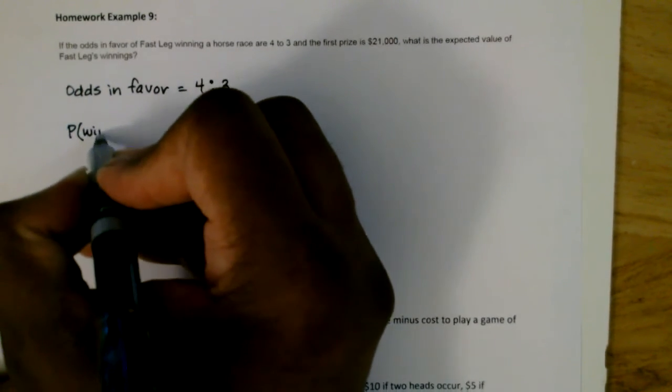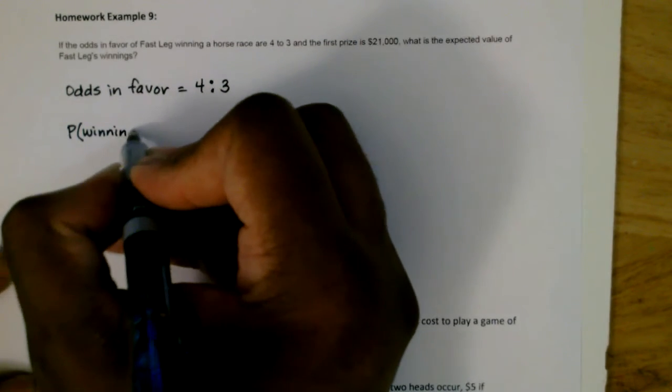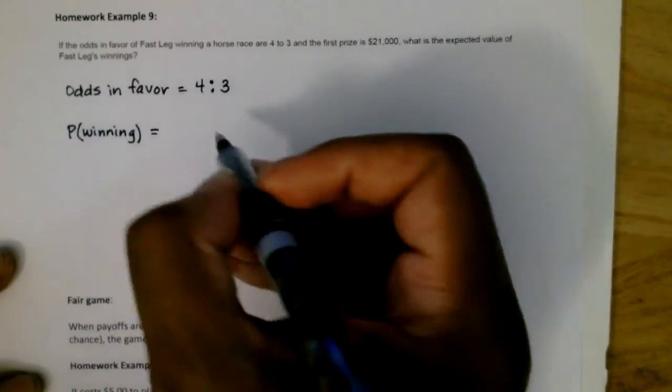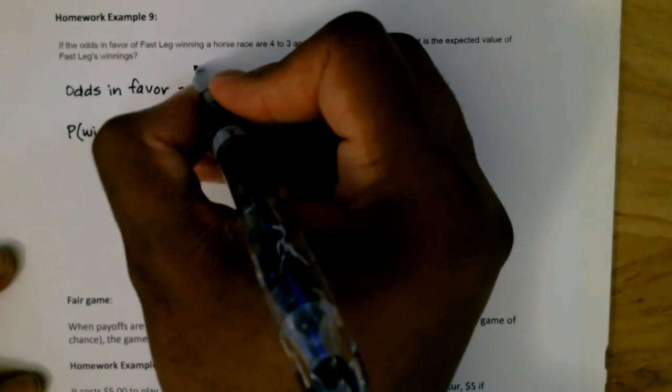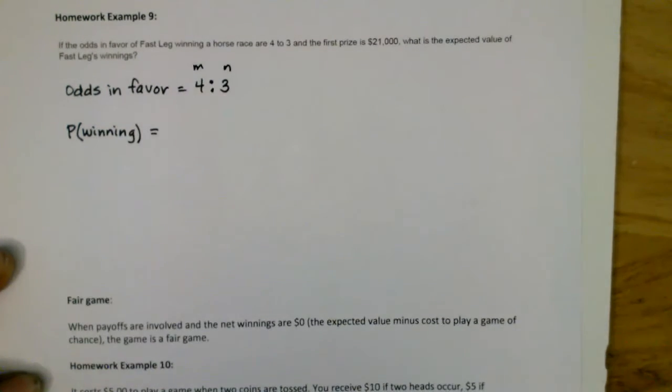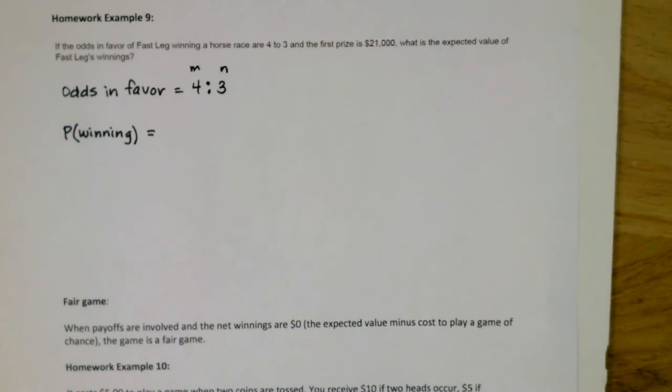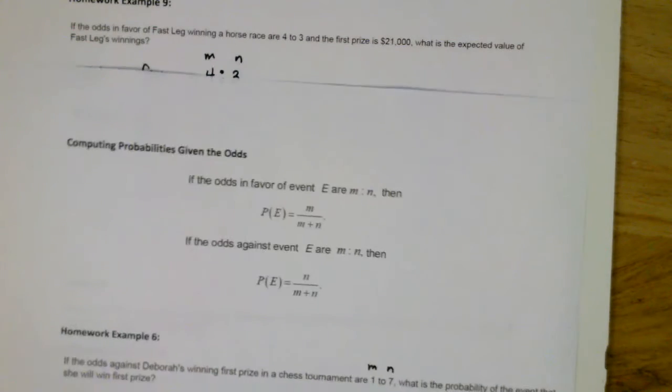We need the probability of Fast Leg winning the race. So this is your M, and that's N. And if you recall, what the probability was for odds in favor is this.